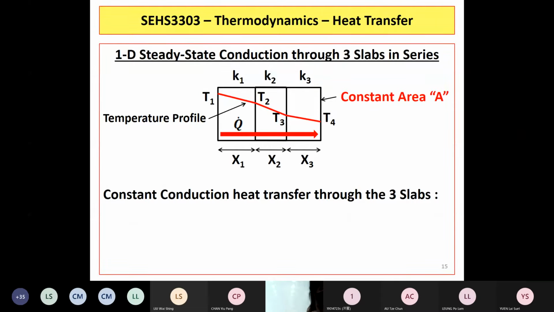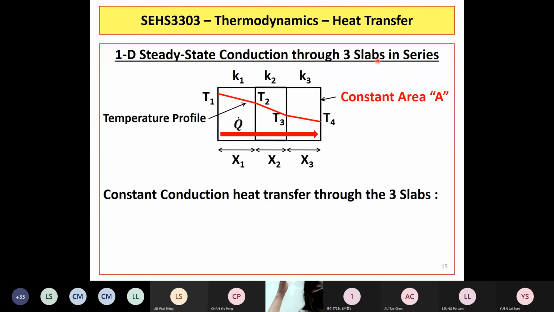Okay, here we have known how to calculate the conductive heat transfer through a single material, through a single layer. But how about if we have multiple layers? Let's say we have 3 slabs.